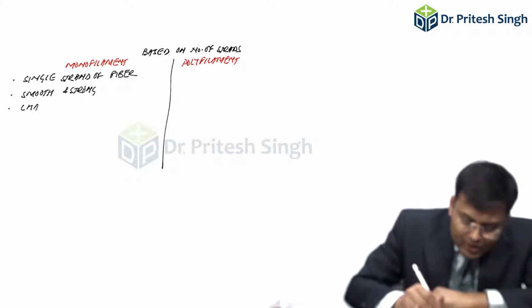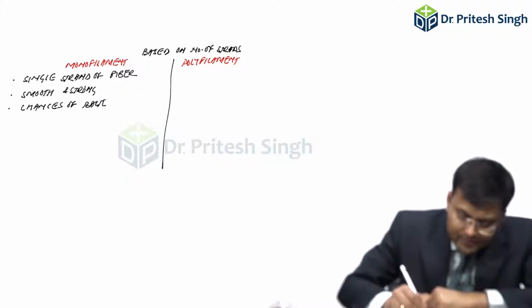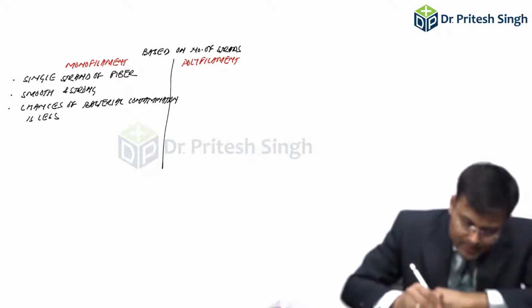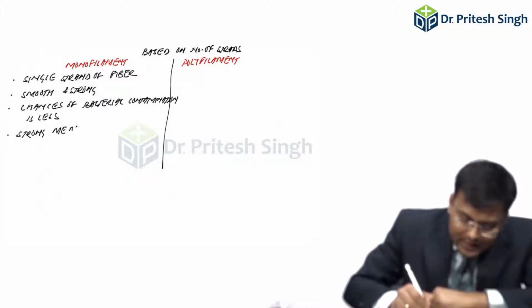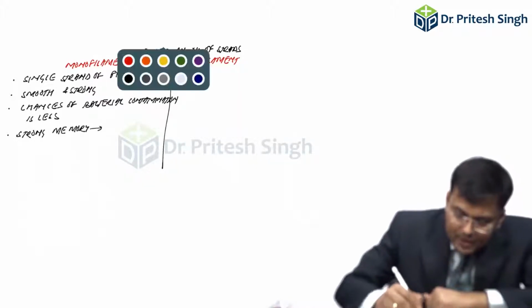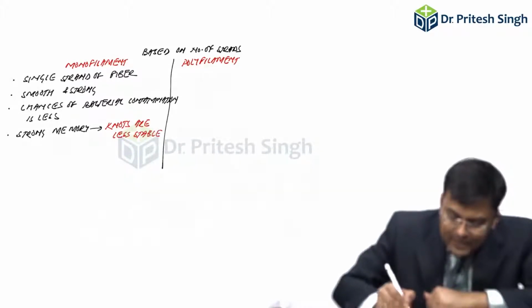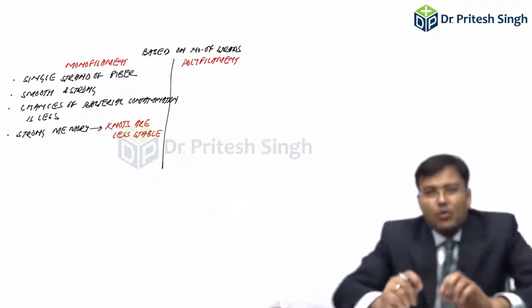Chances of bacterial contamination are less, but it has a strong memory. Because of this strong memory, knots are less stable, more prone to slip.